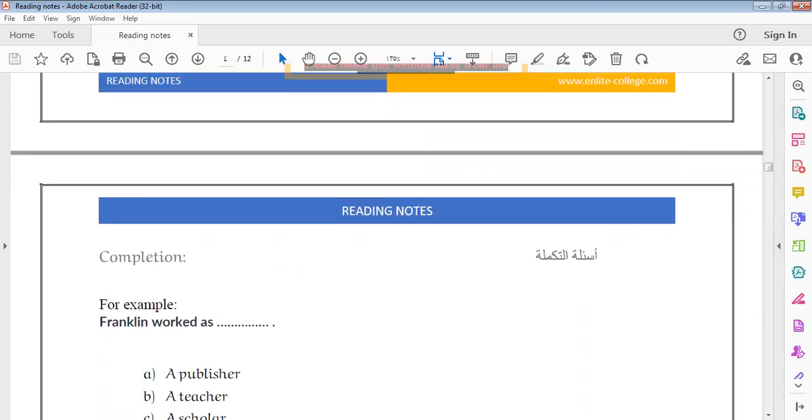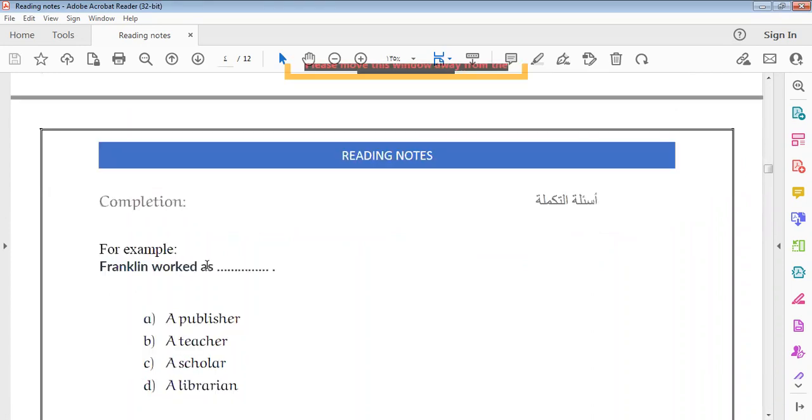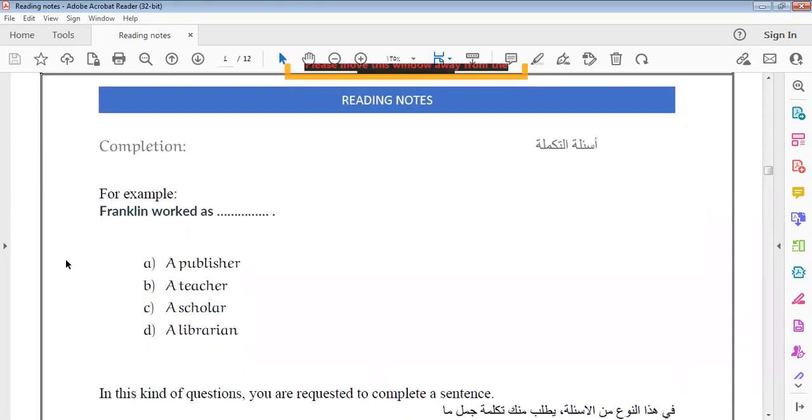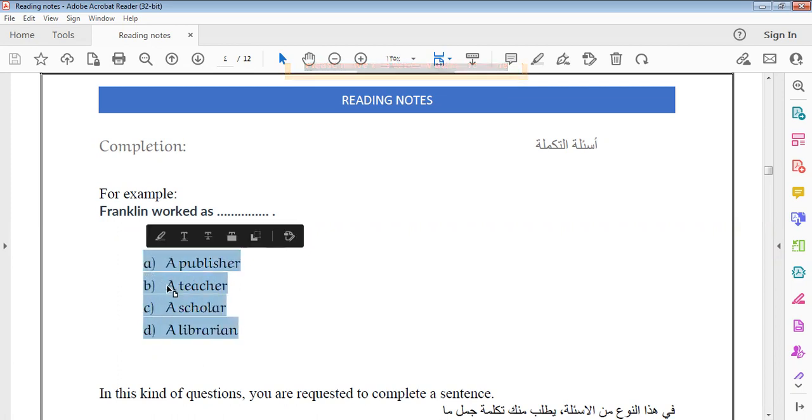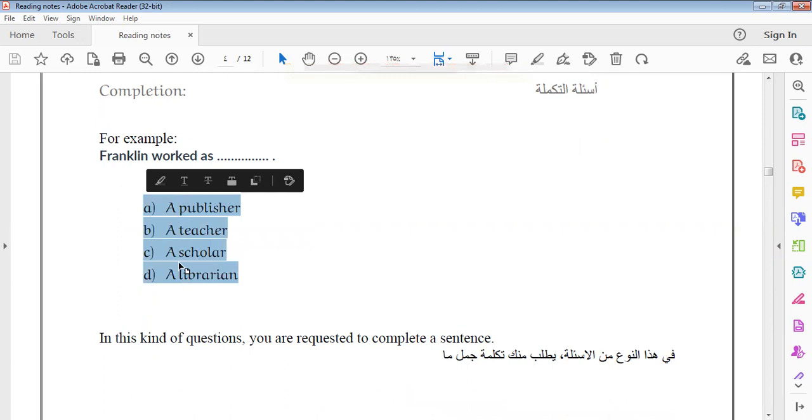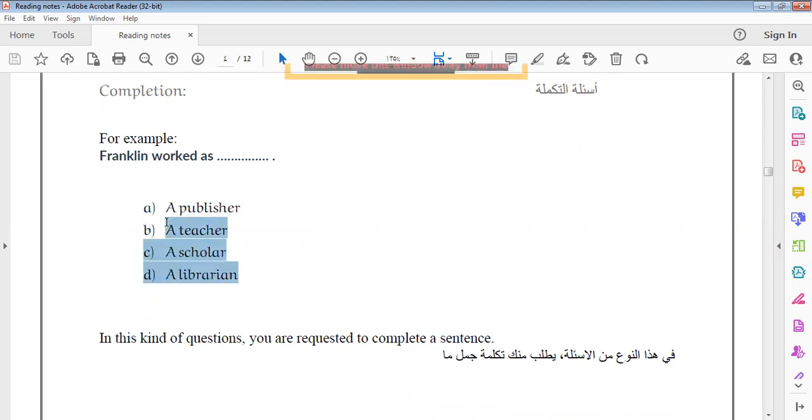The first one is completion. You need to complete. Of course, you choose. For example, here I say Franklin worked as publisher, teacher, scholar, or librarian. Of course, all of them can be used as a job, but I don't want you to select haphazardly. I want you to select according to the information mentioned in the passage.